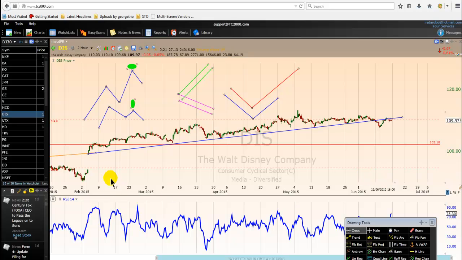The common divergence that you may already know is about a scenario when a financial instrument exhibits a higher high when the technical indicator, in this case the RSI indicator, exhibits a lower high.